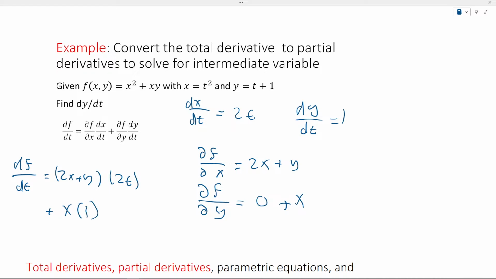If you did this, you can basically multiply this out here.